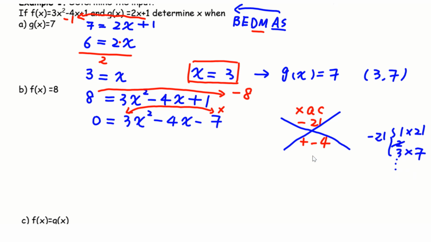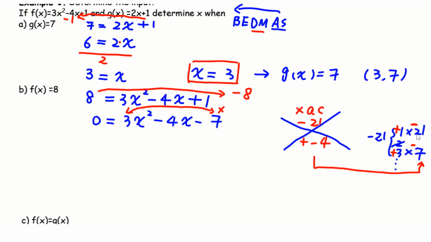Then the sum is negative 4. These are the two numbers we are going to use. Since they need to add to a negative, the larger number needs to be negative. And their product is negative, so one is negative and the other is positive.